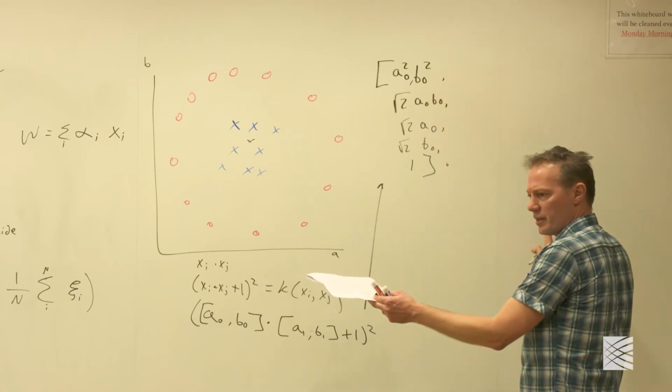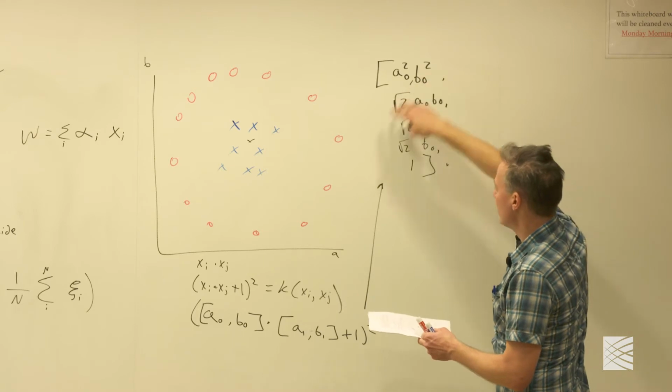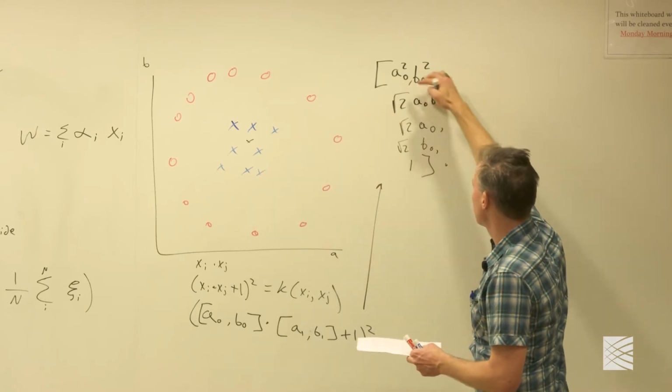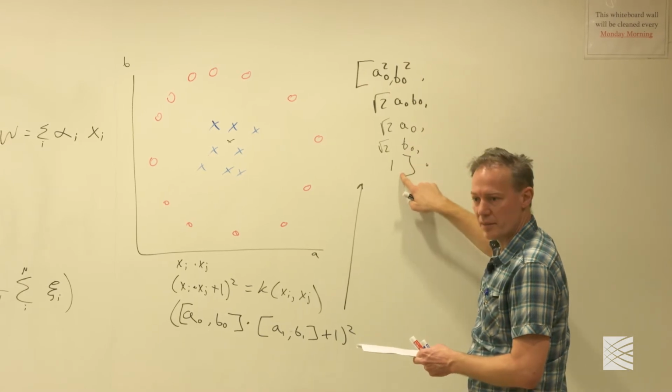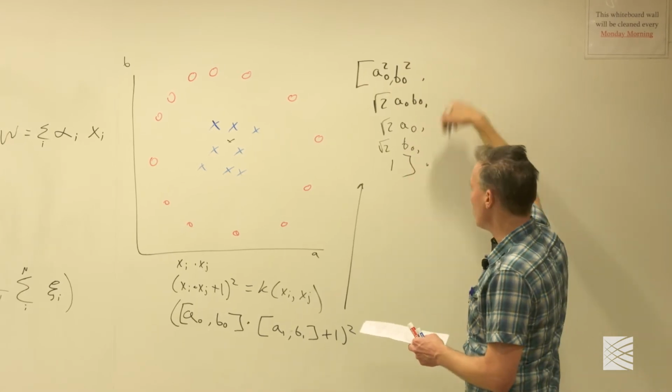So it's still a dot product in a space where I've just taken these 2D points and turned them into 6D points: the quadratic terms, the mixed term, the linear terms, and the bias. Okay, so it's still a dot product.